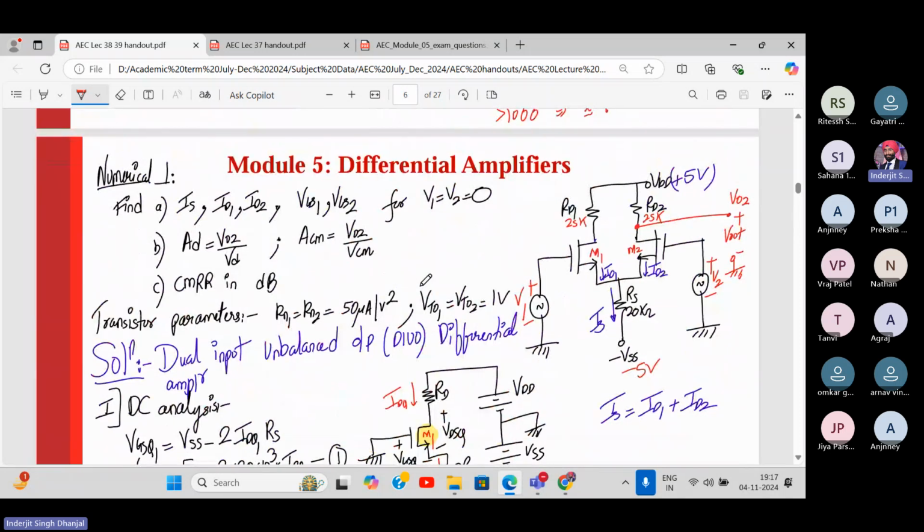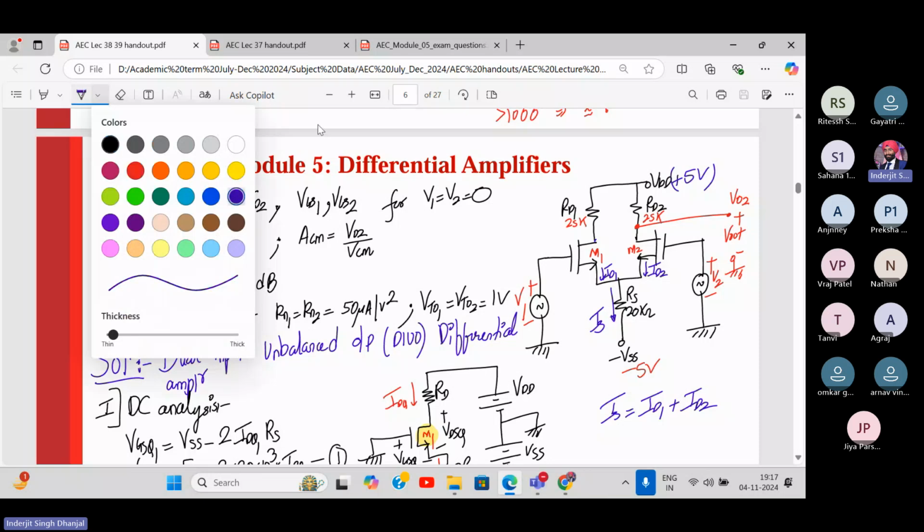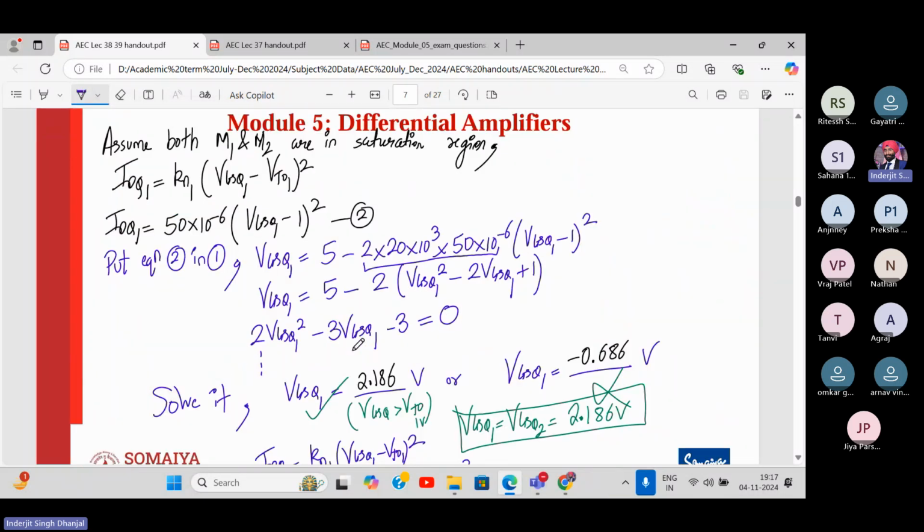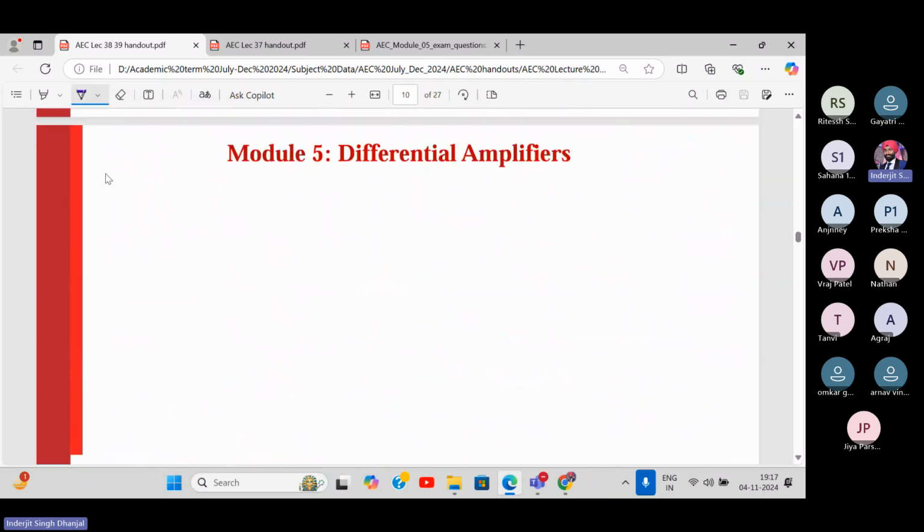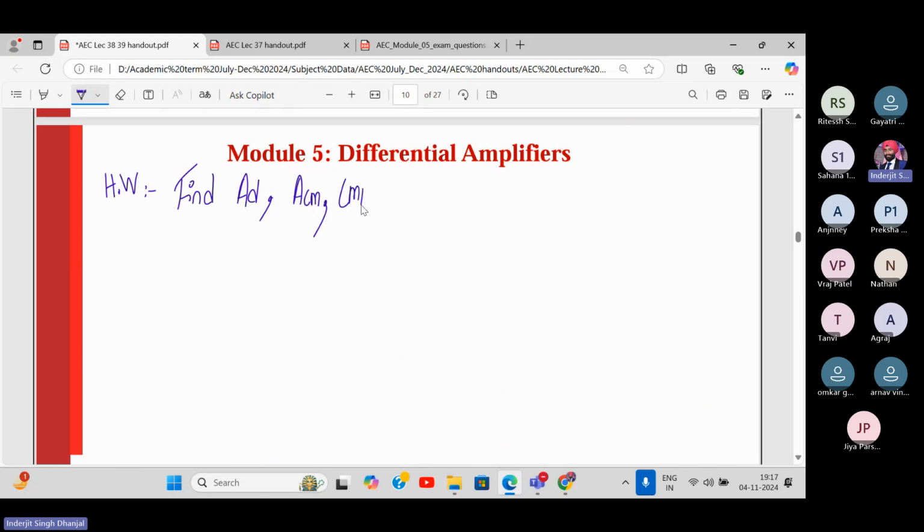Okay. Now for home assignment, take this numerical. Find AD, ACM and CMRR. The value of K is 0.5 milliampere per volt. Okay.